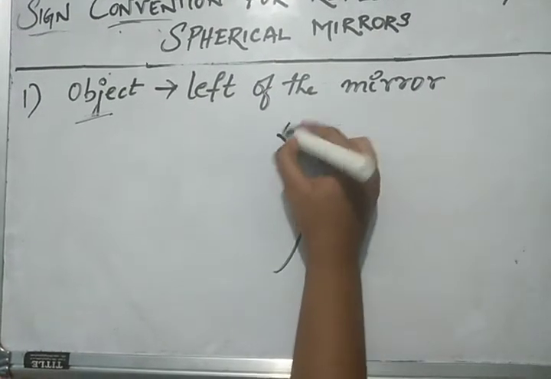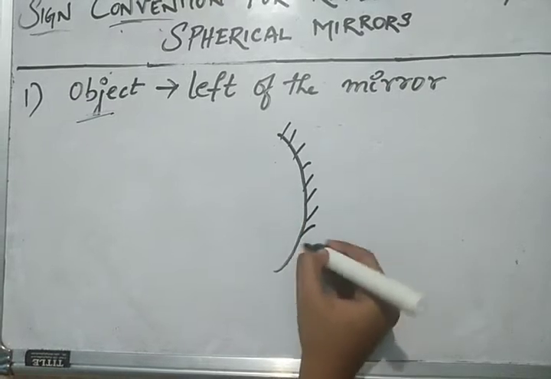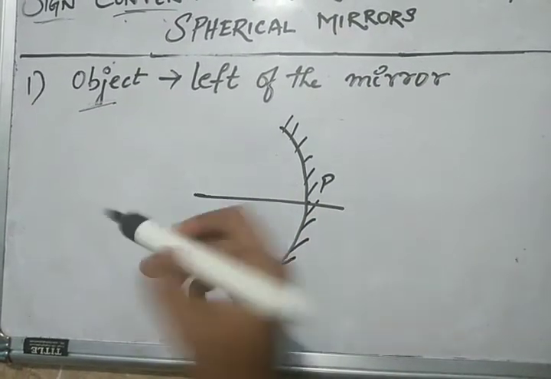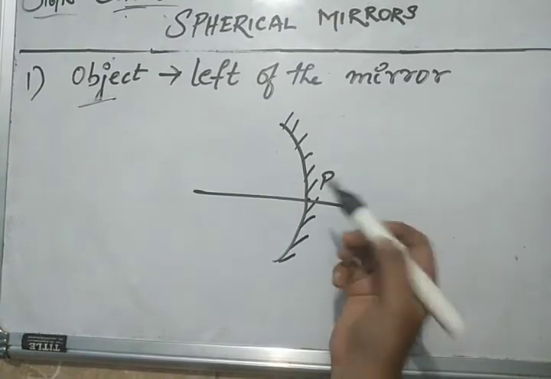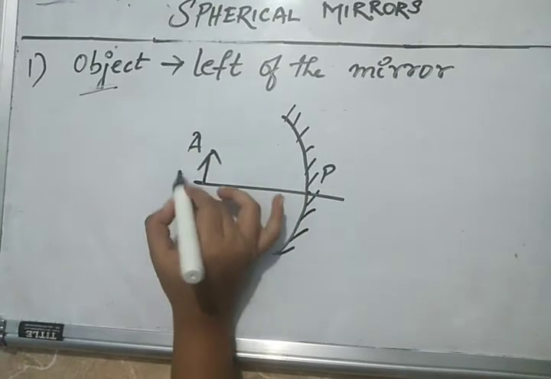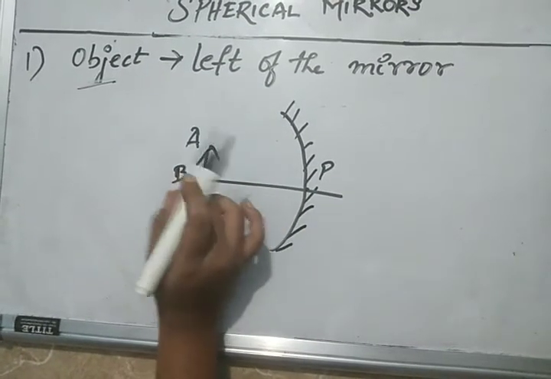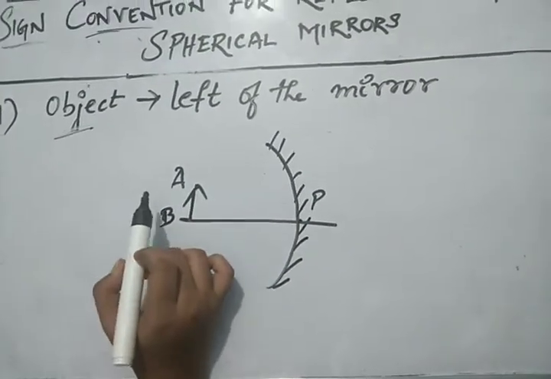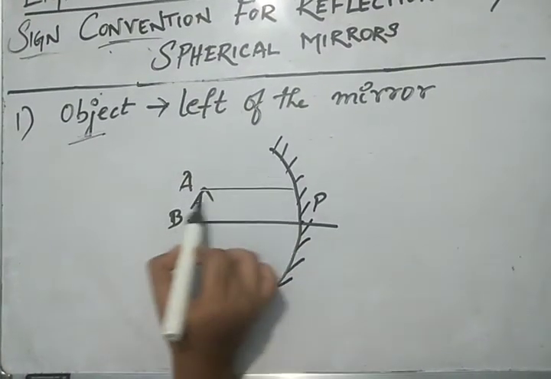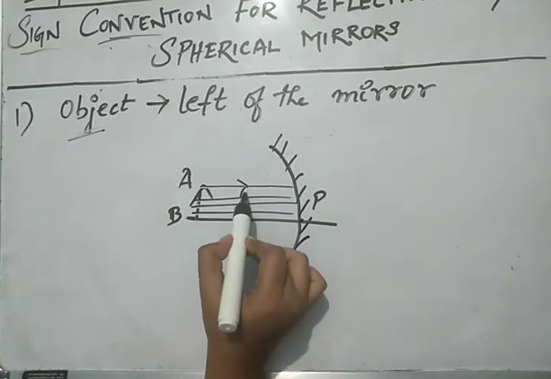Let this be the concave mirror. Here is the pole. So where should my object be placed? Always towards the left of the mirror. A, B, this is the object. From where does the light incident on the mirror? From the left hand side.